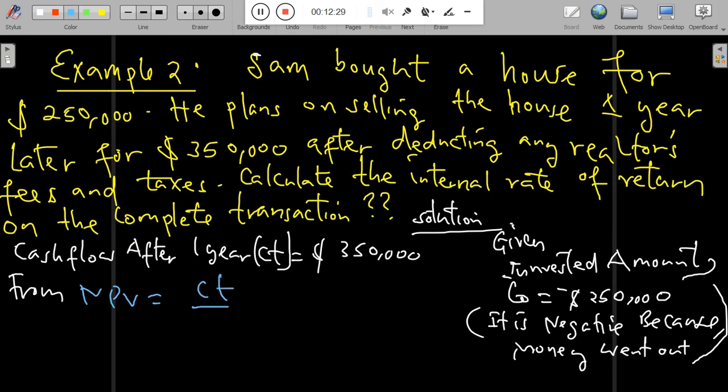When we plug into the formula, the net present value is equal to 0.